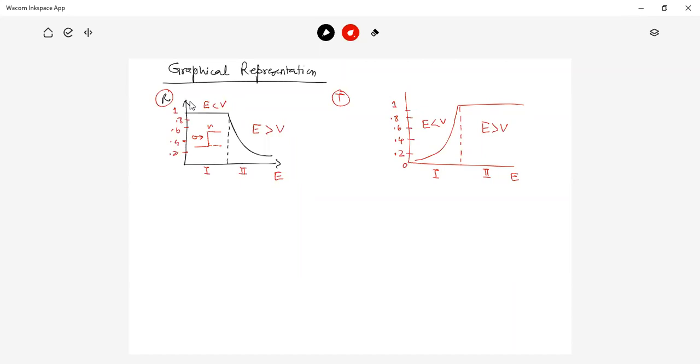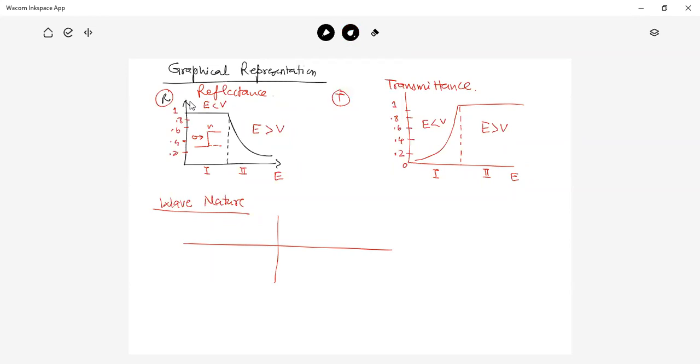So this is the transmittance, and this is the reflectance. And if we follow the wave nature, how can this wave nature be drawn?